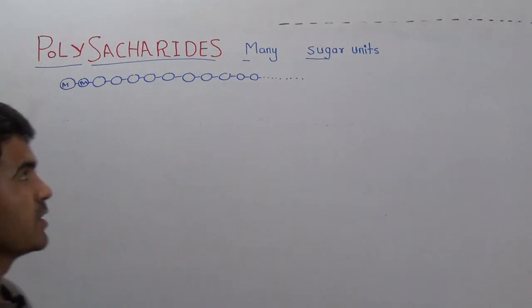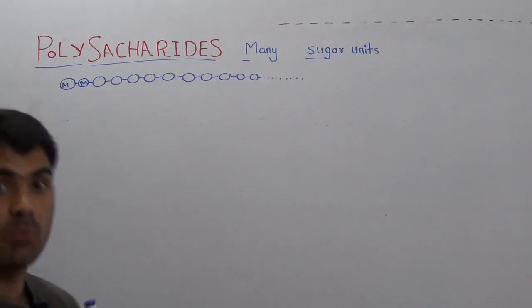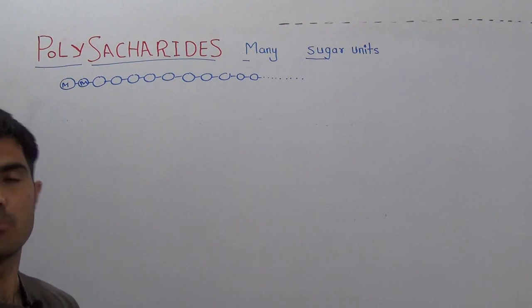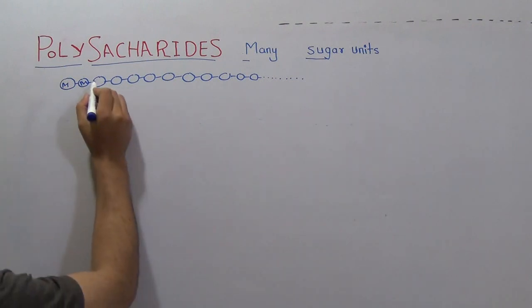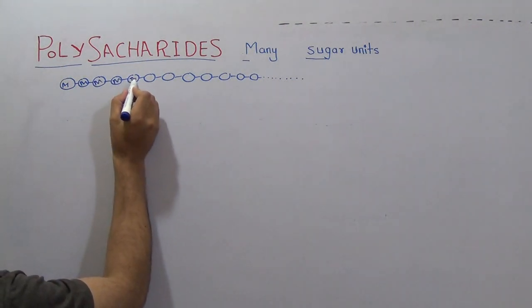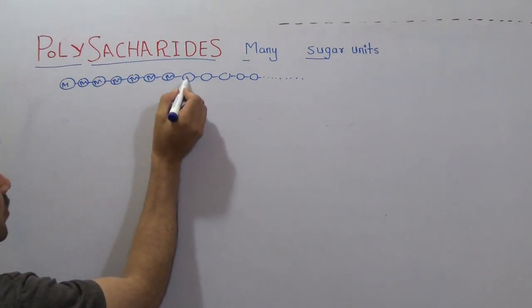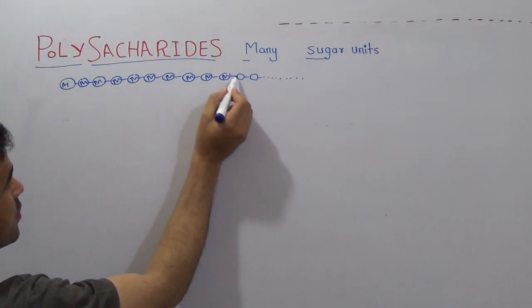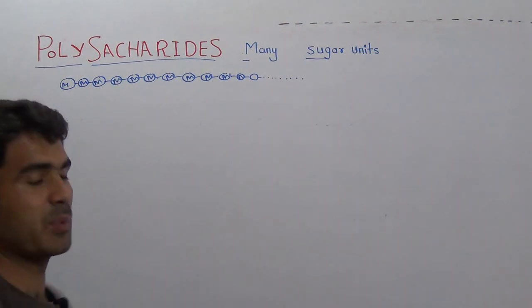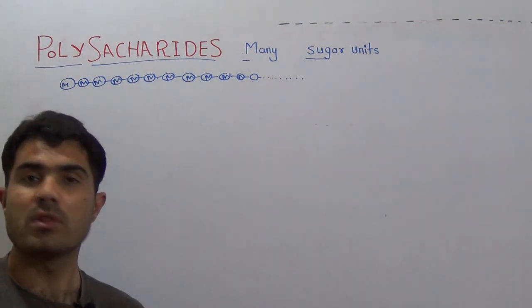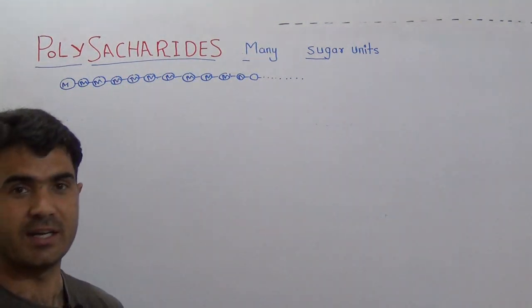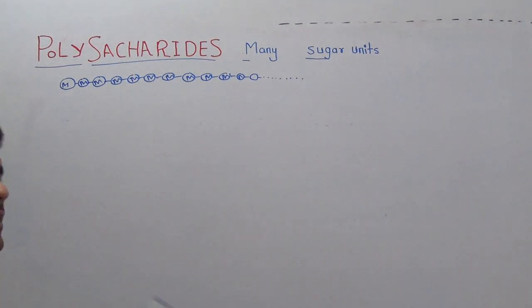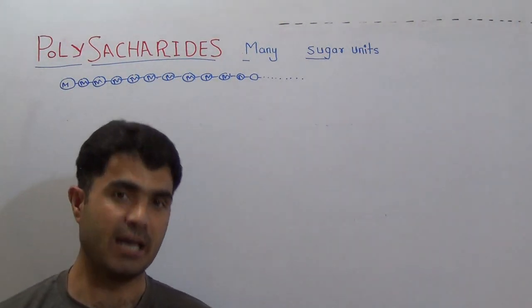So this kind of carbohydrate will be called as polysaccharide. So here I'm going to write M. What is M? Monosaccharide. All the circles represent monosaccharides.